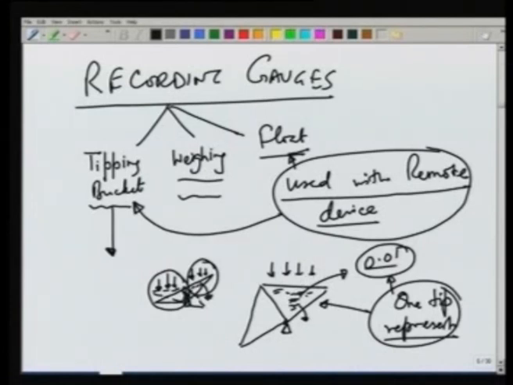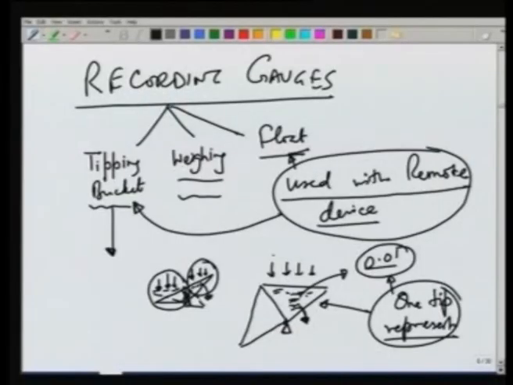If we have a very small capacity, then there will be more frequent tippings, and some amount of rainfall may be lost during tipping. So, when the time which it takes for this bucket to tip over and the other bucket to come in its place, whatever rain is occurring during that time may be lost.